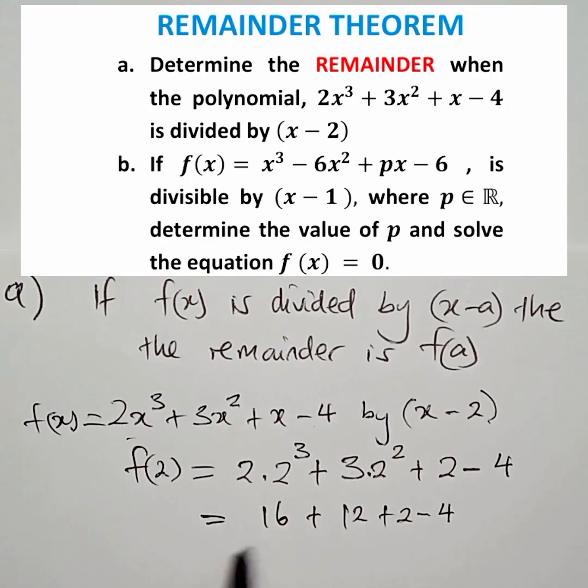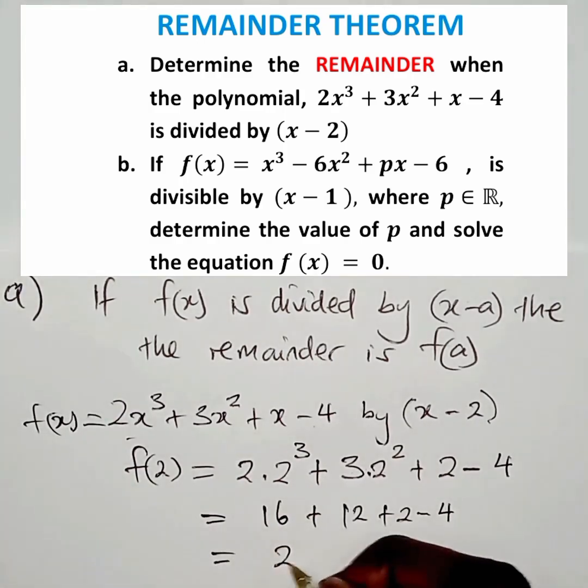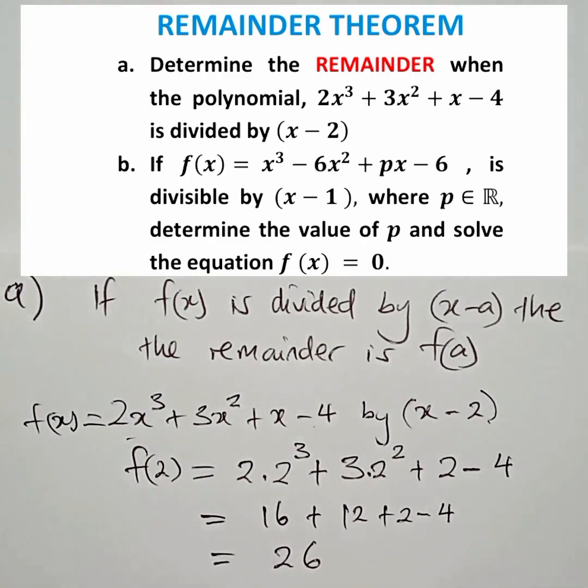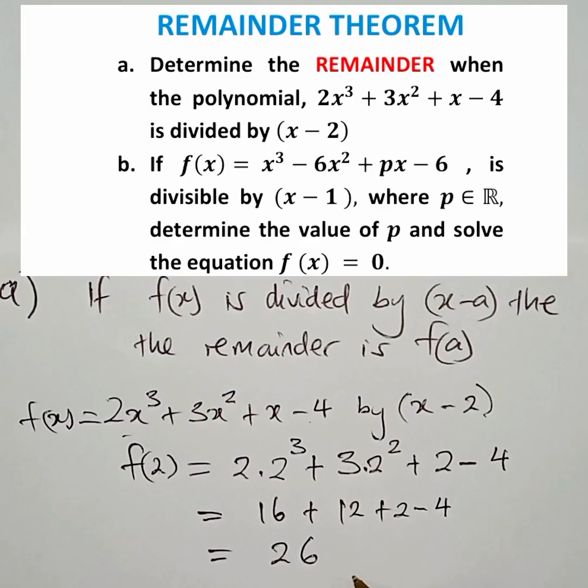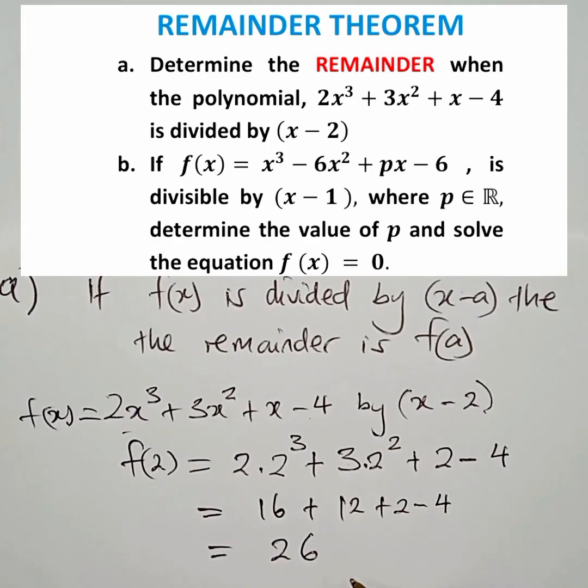So if you add that up, 16 plus 12 is 28, plus 2 is 30, then minus 4 is 26. Now we've managed to find the remainder when that polynomial is divided by x minus 2. So we are done for this first part.